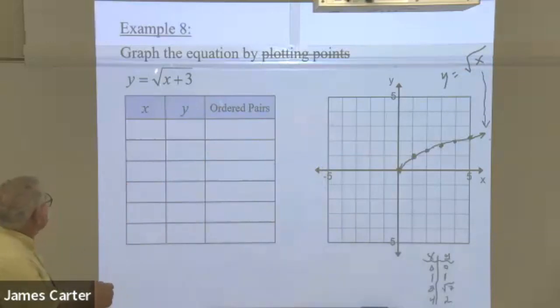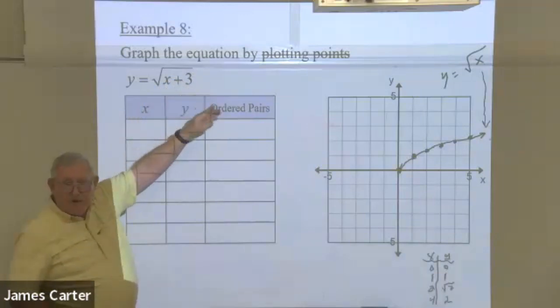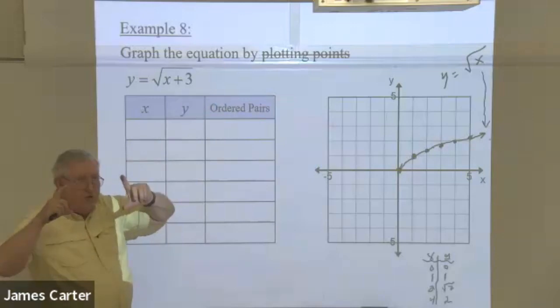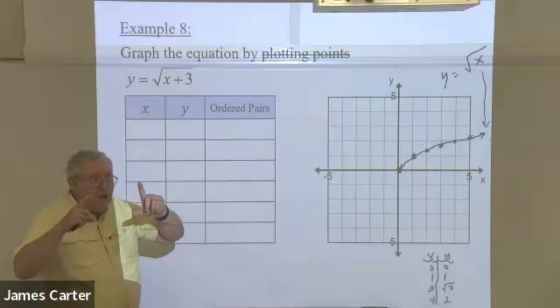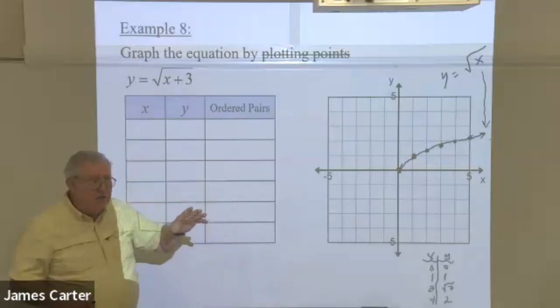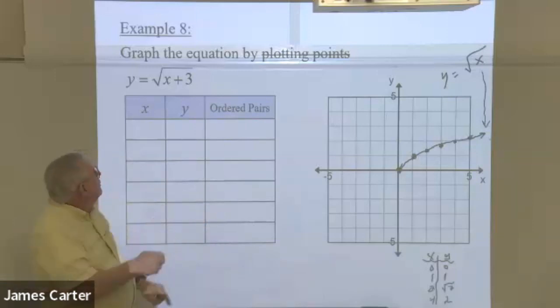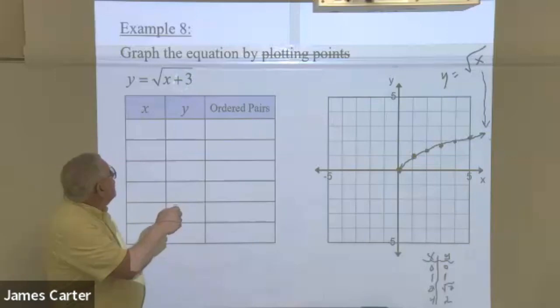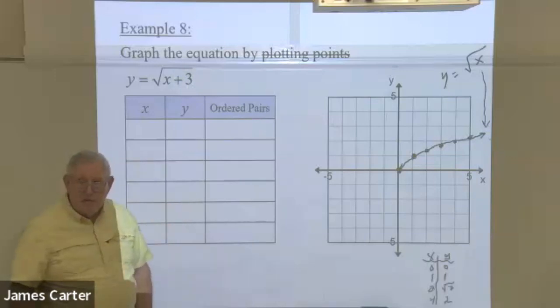Now, what's this one going to do different? When it's under the cap or within a parentheses with the variable, inside an absolute value symbol, then this is going to shift it left or right, opposite of sign.